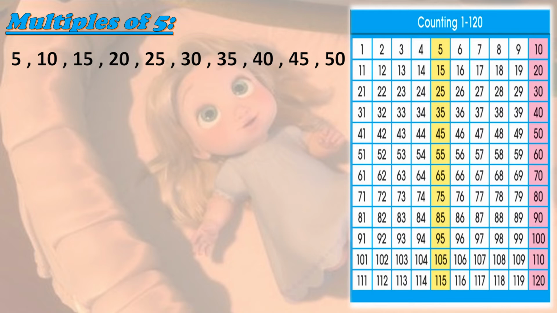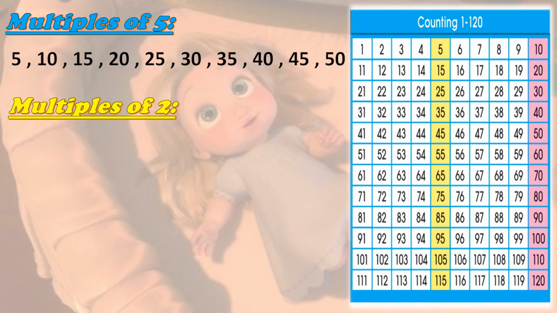You will see that all the numbers end in just 5 or 0. We know 5 is an odd number, and 0 is an even number.